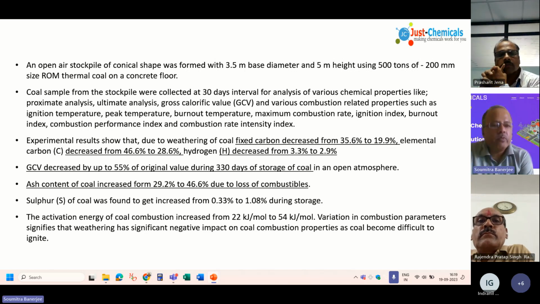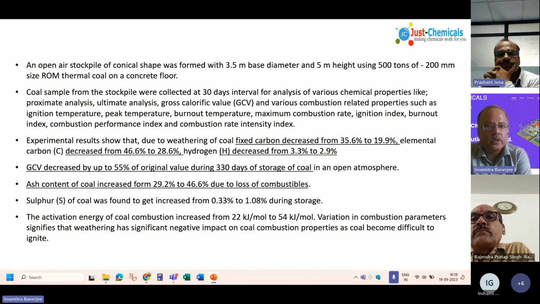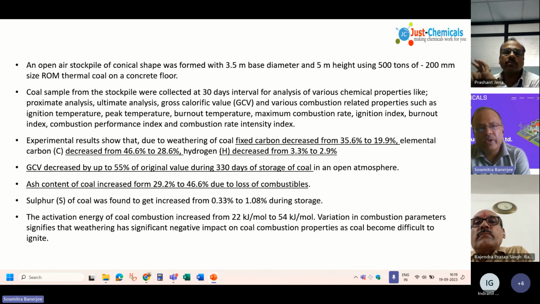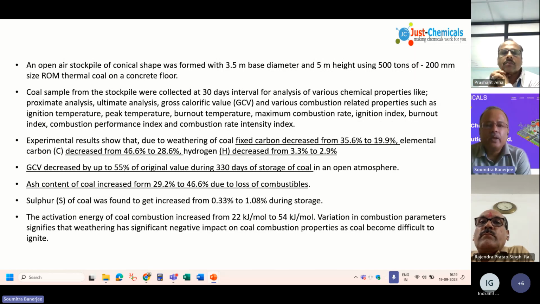The coal sample from the stockpile was collected at every 30 days interval for analysis of various chemical properties like proximate analysis, ultimate analysis, GCV, and various combustion related properties, which I'll show you in the next slide.